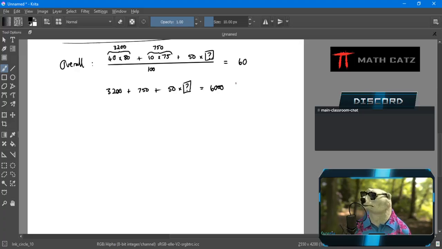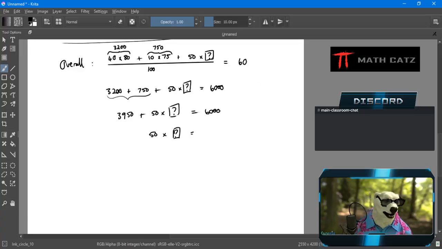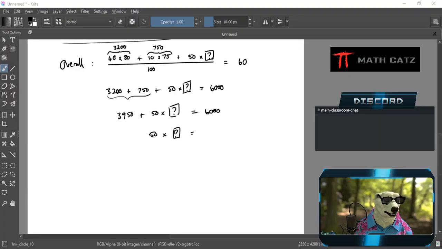For the time being, I'm just trying to solve this equation. I don't care where it comes from. I can certainly put these together as 3,950. And then I want to subtract that on both sides for 50 times question mark. It's good to show stuff in chat, though. It's definitely nice to be able to do it in your head.